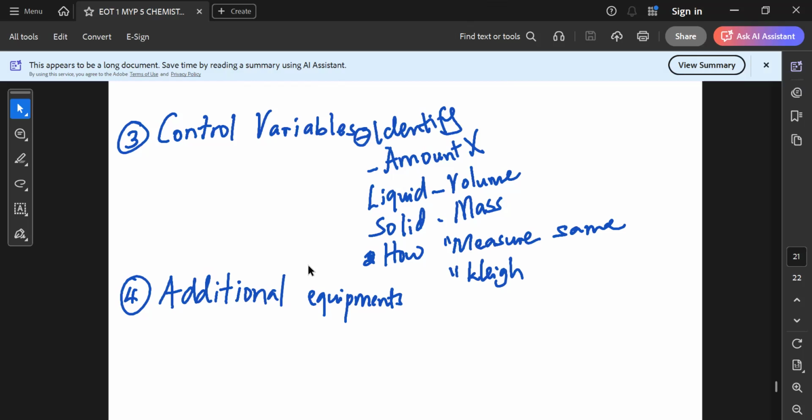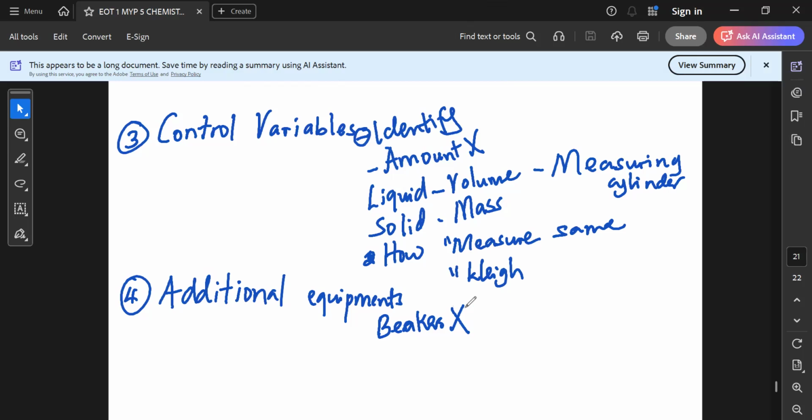So now ask yourself, if it is volume, what should you use as an apparatus? That's right. You will use a measuring cylinder. That's good. A measuring cylinder becomes an additional equipment you will use. Please note, we never use beakers to measure volumes.